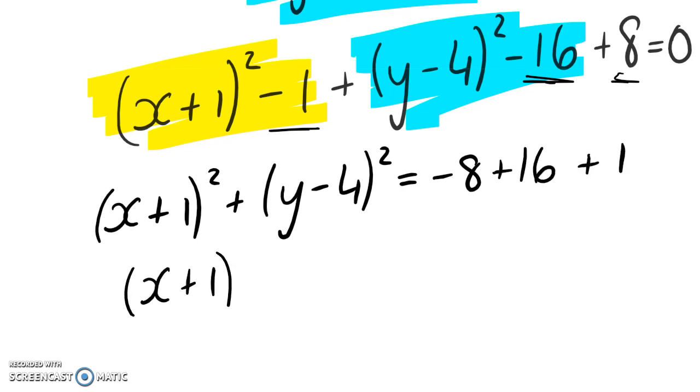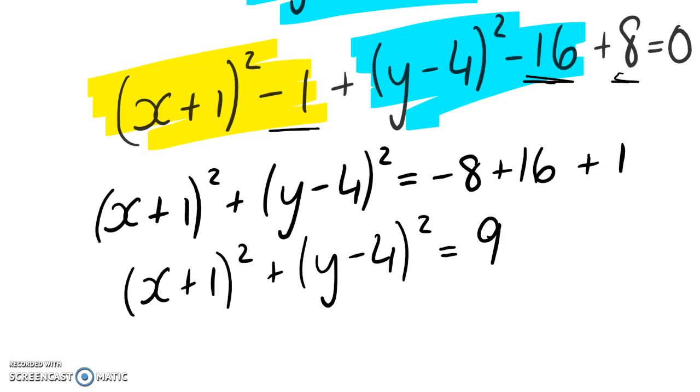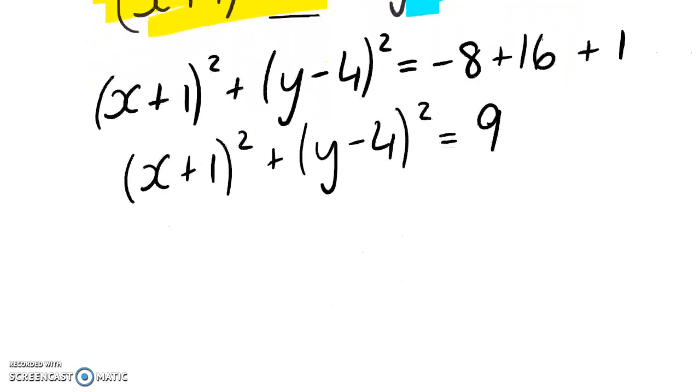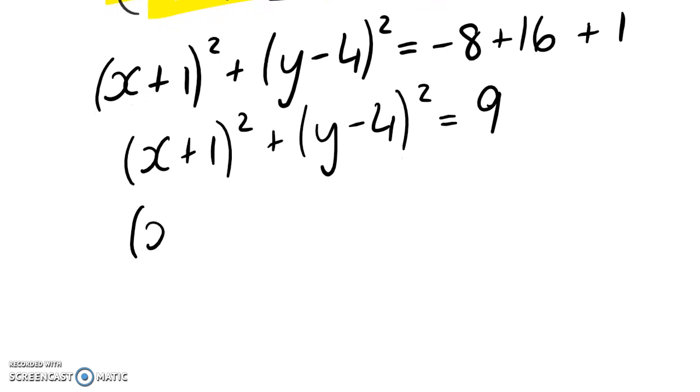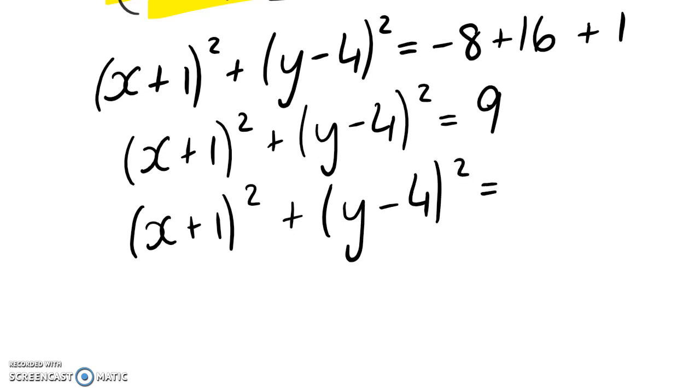So we have 16 plus 1 is 17, take away 8 is equal to 9. Let's do one more step. x plus 1 squared plus y take 4 squared equals 3 squared.